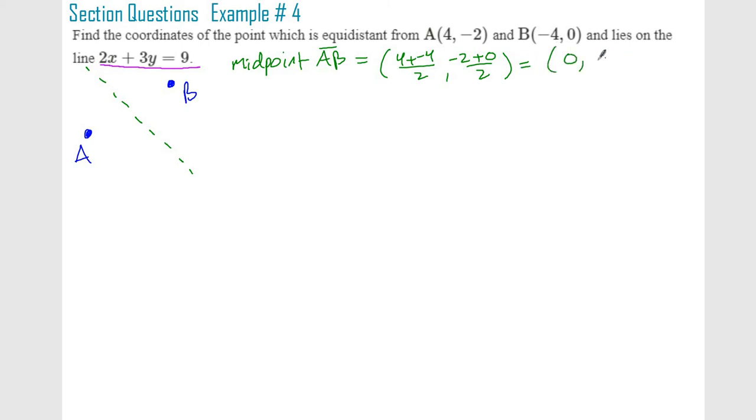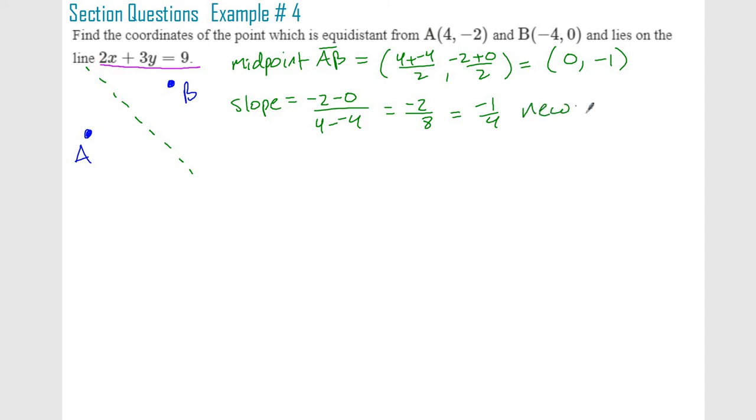We get 0, negative 1. Then to find the slope, all right, we do negative 2 minus 0, and then 4 minus negative 4. So we get negative 2 over 8, so negative 1/4.